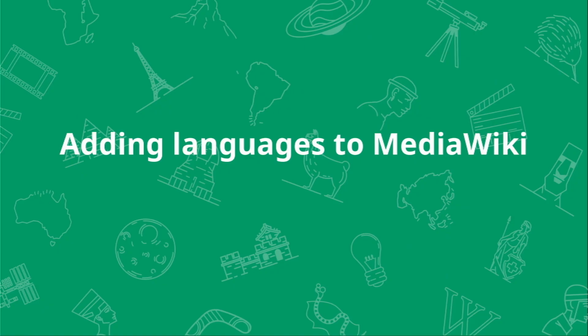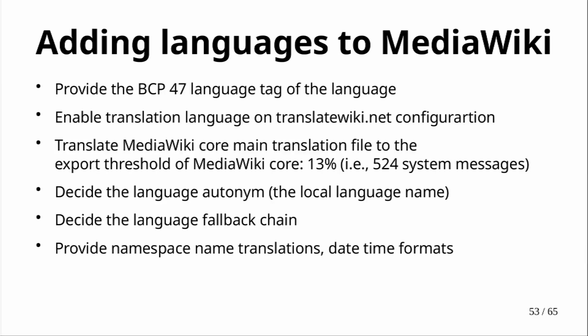And then we're talking about how to add a language to MediaWiki. So first, you need to provide the BCP 47 language subtag for the language. That is also the main reason why we are blocked for several splits and registrations, because they don't have a corresponding subtag. And after we provide it, we need to enable it in the translatewiki.net configuration on Gerrit.